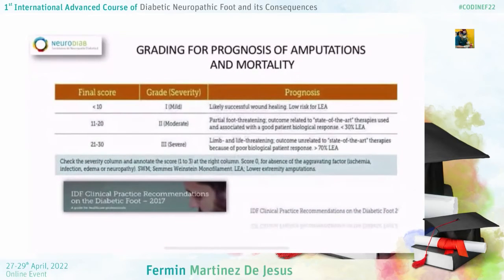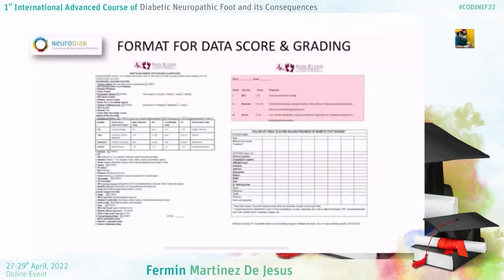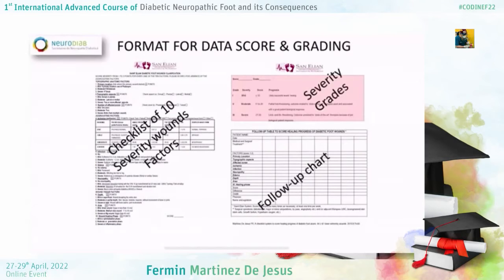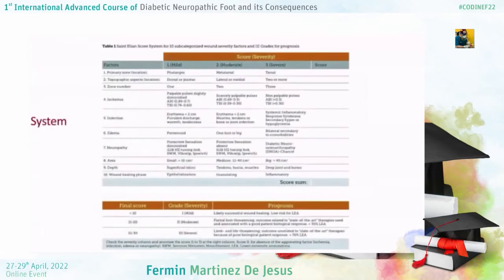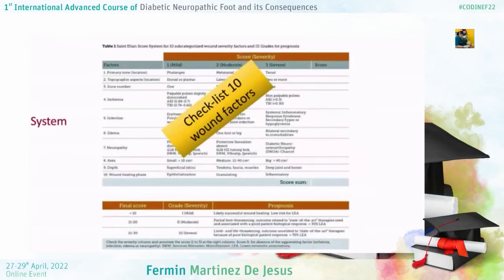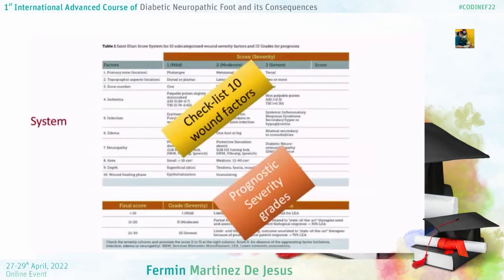Finally, the sum score is graded in 3 prognostic grades. This is the format for data, score and grading: the checklist of the 10 severity wound factors, the severity grade, and a follow-up chart of the progress or evolution of the wound healing.